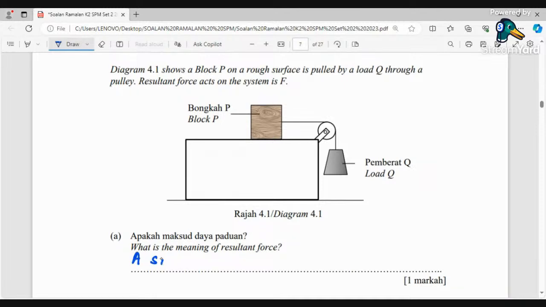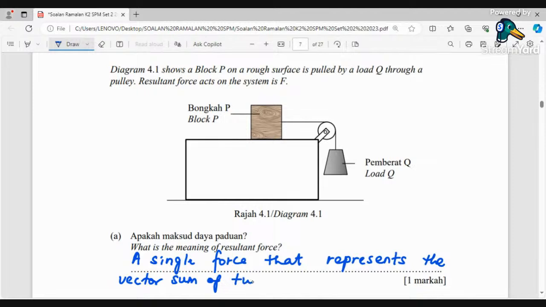Okay, kita panggil dia a single force that represents the vector sum of 2 or more forces acting on the object.